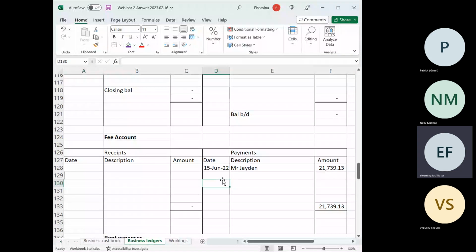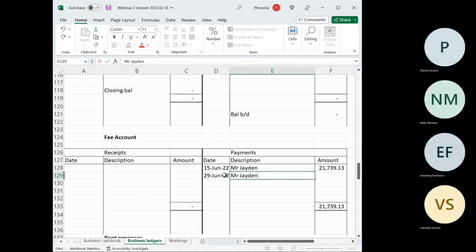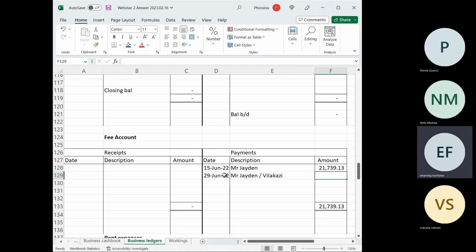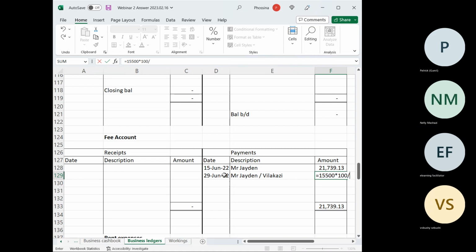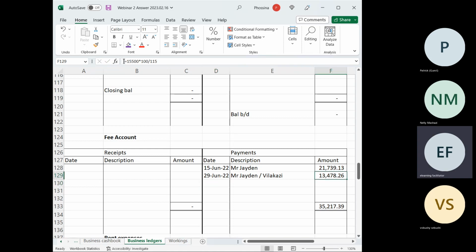This is our fee account, 29 June 2022. It's Mr. Jayden Vilakazi, Meta. And how much is our fee? It's 15,000 multiplied by 100 divided by 115.